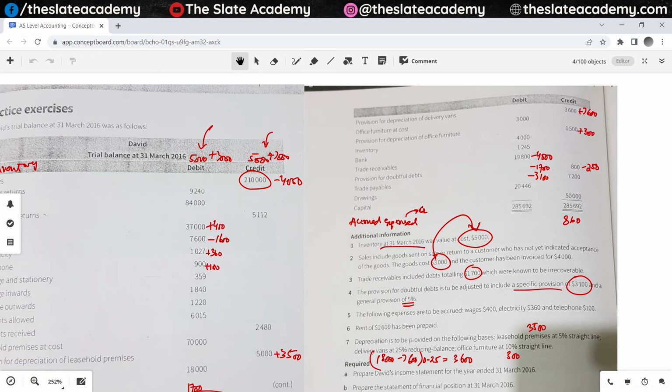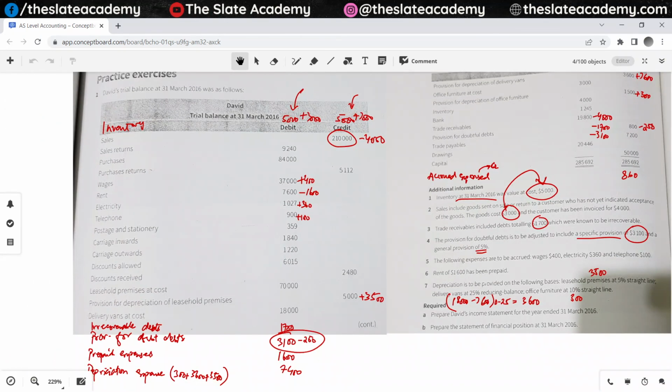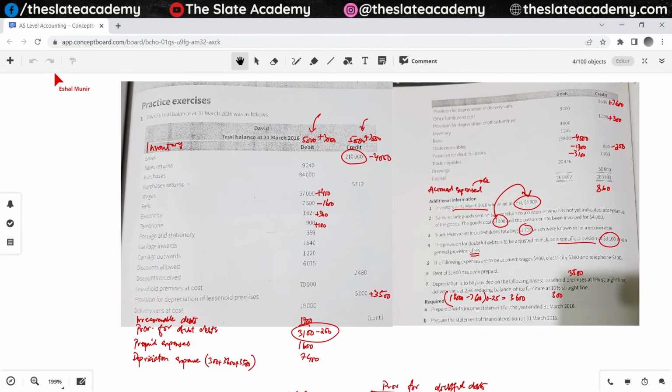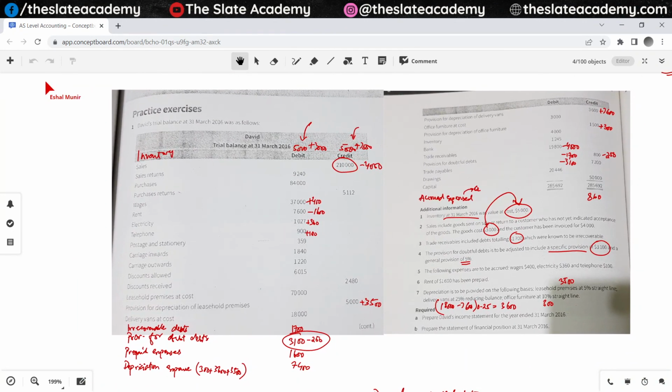Okay, so now I have incorporated all the adjustments in the trial balance, and what remains to be done is to prepare the income statement and statement of financial position out of it. For the items that you are encountering for the first time, for example, this irrecoverable debt or bad debt written off, you can write it as bad debt written off, or simply bad debt.